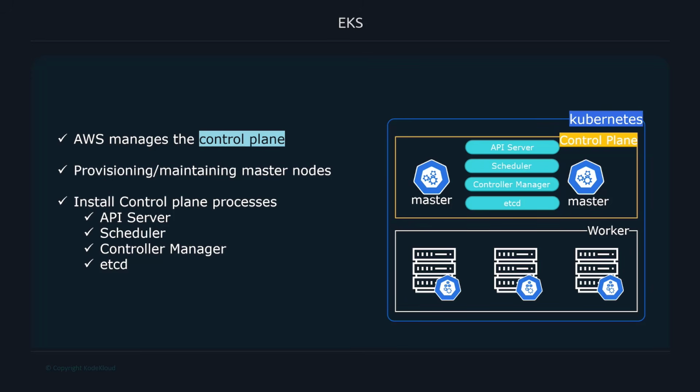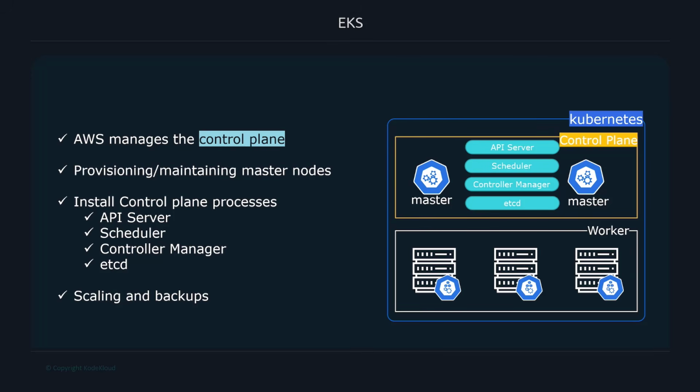In addition to that, it's going to be responsible for scaling and all of the necessary backups for your control plane. By doing this, some of the complexity, especially in the control plane, is now being offloaded to AWS so that you don't have to do this on your own. Now, you will still have to manage the worker nodes yourself, but the entire control plane, everything in yellow, is handled by AWS.